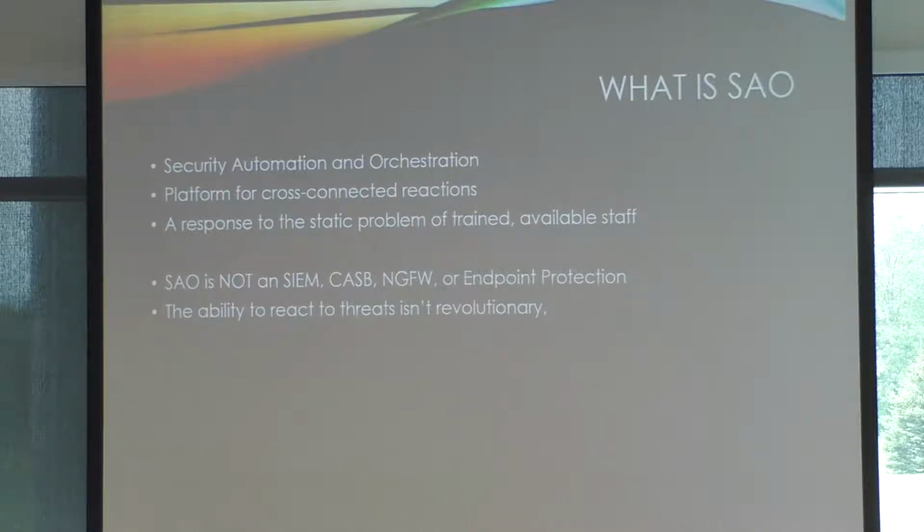I can disable a user. I can use LDAP to shut down a computer. We can reach into any different area when you start getting into an SAO market. So again, not to bash any of the people that react, but SAO is a little bit bigger than just, we can react in some cases.